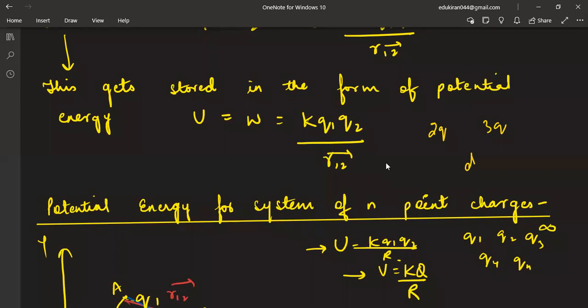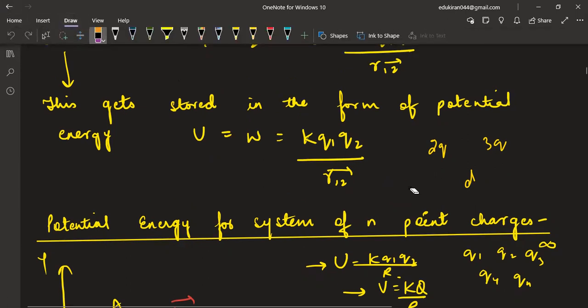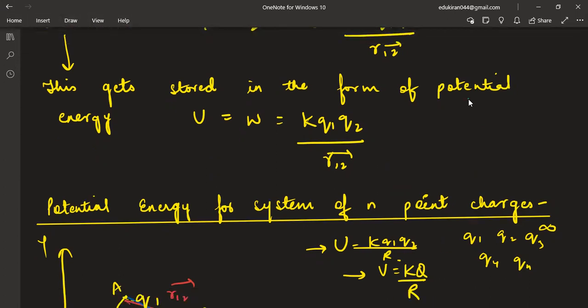Then you will be having more charges. Let's say three charges are existing. Instead of learning the whole derivation, just learn it in this way. Suppose I have two charges, Q1, Q2. Their separation is R12, so I'll use this formula. Suppose in nature I have one more charge, Q3.